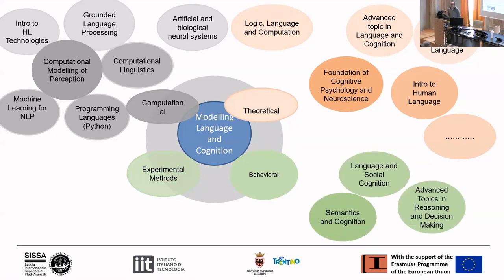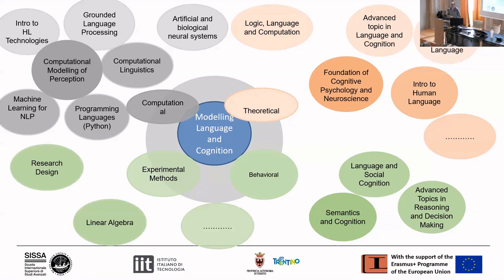Behavioral, language and social cognition, semantics and cognition, and advanced topics in reasoning and decision making, where you connect language with reasoning. And finally, as I mentioned, we have a set of basic methodological courses like research design, like linear algebra, and other courses on statistics to analyze the results.